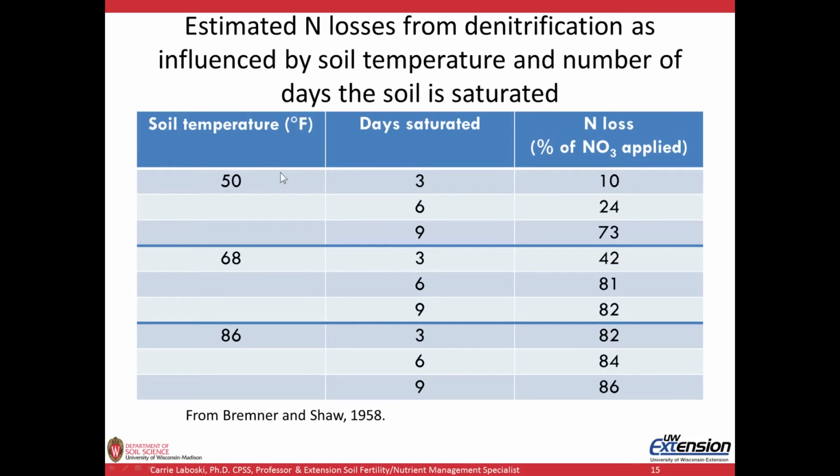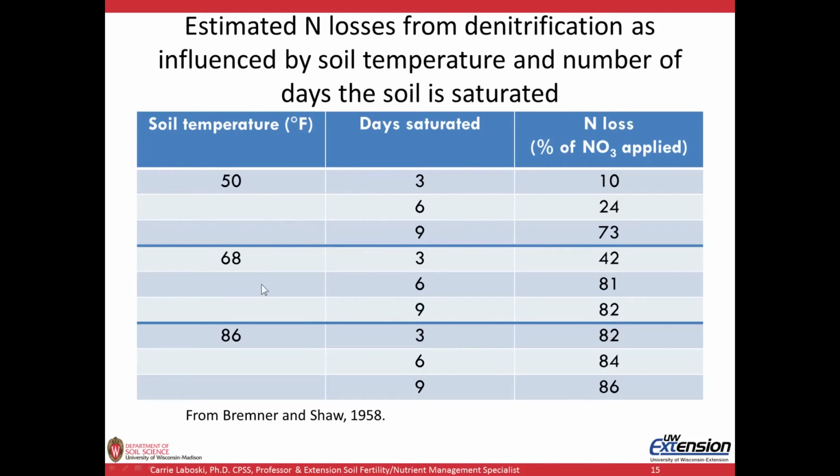So when we have soil temperatures of 50 degrees, so relatively cooler temperatures, and we are only saturated for 3 days, only about 10% of the nitrate is lost. That's not a huge amount. But as the time of saturation increases, you can see that the amount of denitrification that's occurring increases. So here after 9 days, 73% of the nitrate that was applied has been lost.